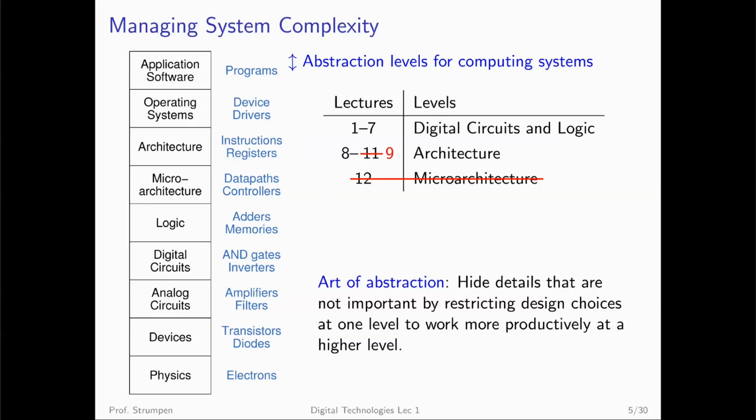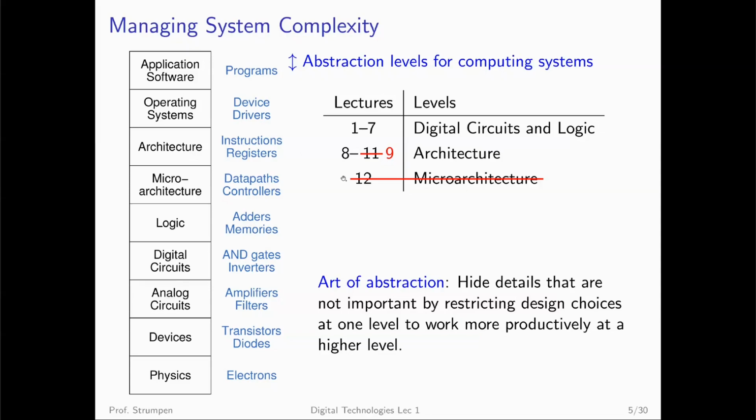Right? And the original plan would also include moving back into the connecting layer, the microarchitecture that is hardware, right? And it tells you how to organize logic blocks like adders and memories to implement an architecture, to implement an instruction set of a computer.